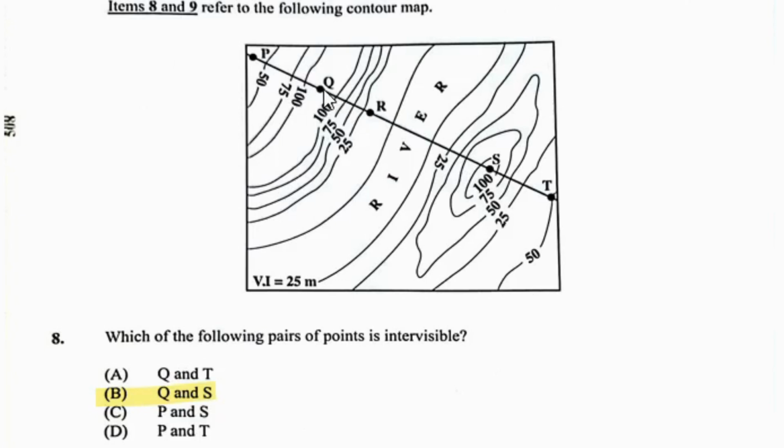And between the 2 points, there's nothing blocking the visibility because between these 2 points, the elevation is actually lower. If you look at the contours, 25, 50, 75, right? So basically, this is a valley between Q and S.